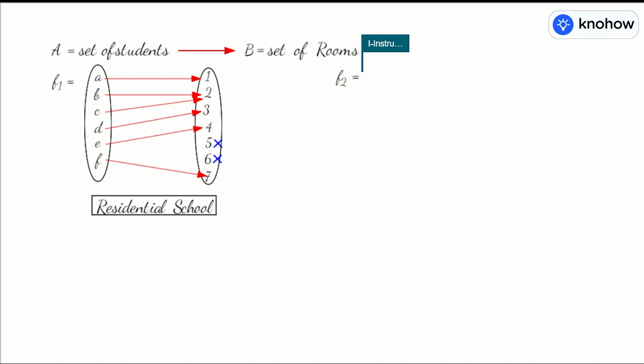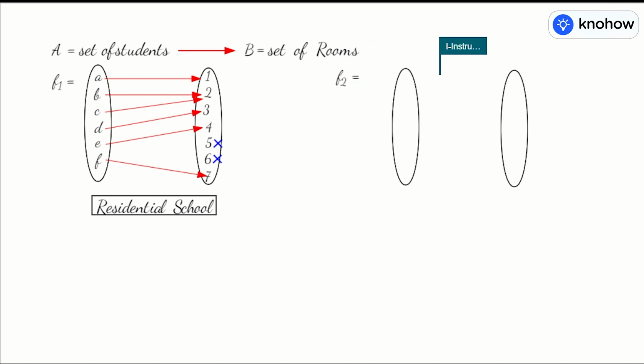Say F2. A is the set of students, B is the set of hostel rooms: A, B, C, D, E, F, and room numbers 1, 2, 3, 4, 5, 6, 7. Now look at this example.